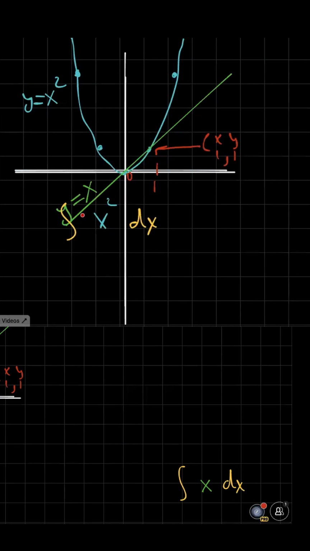So take an integral on the blue parabola, integrating that, we get x to the third power over 3, from 0 to 1.